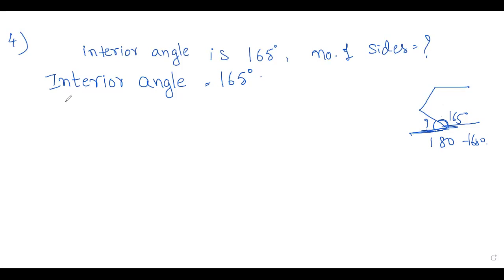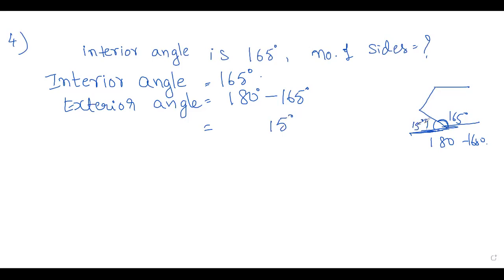So exterior angle, it is fixed. 360 is fixed for any polygon. That's why we are referring to the exterior angle. 180 minus 165, that is 15 degree. So it is 15 degree.